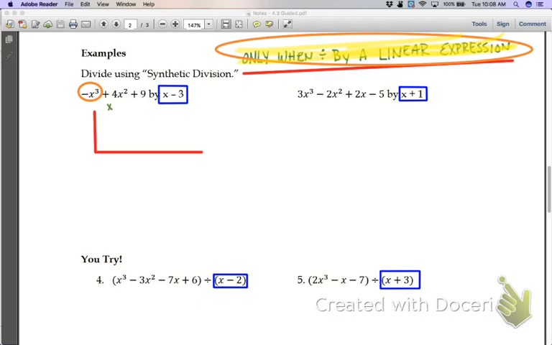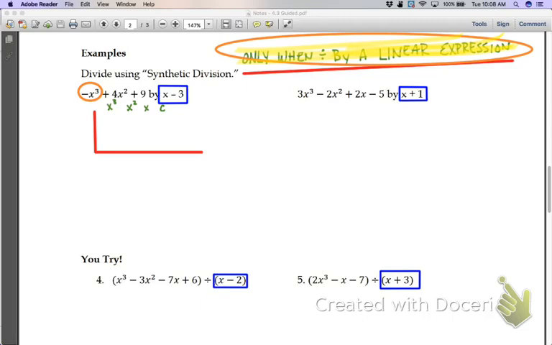So I'm going to have my x to the third here. Now, you don't have to write this. I'm just going to put it so you know what I have. I have an x. I have a constant. Only thing I have to look for, once I know how many I have, is x to the third, x to the second, x, constant, and so on. It may go out to x to the fourth, it may go out to x to the fifth, whatever.